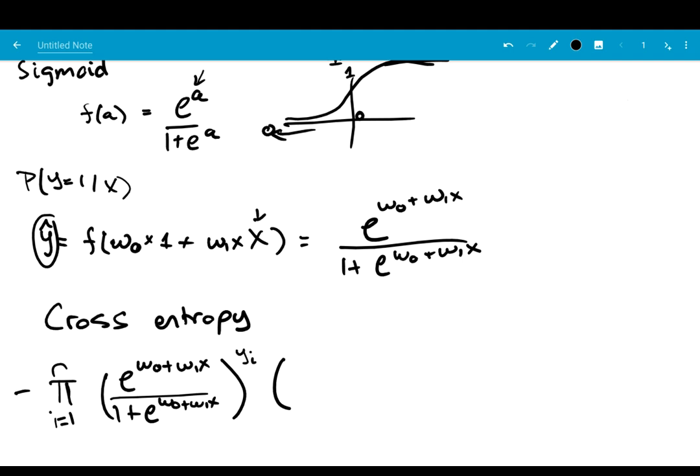And then it would take 1 minus this quantity. You can work out the math, but I'll just tell you, it works out to be 1 over 1 plus e to the w naught plus w1x, raised to the 1 minus yi power.